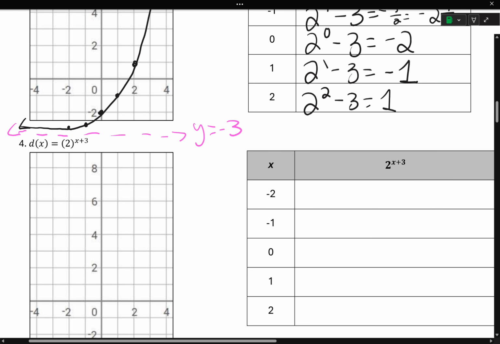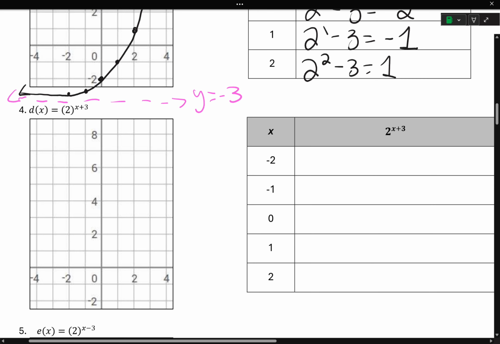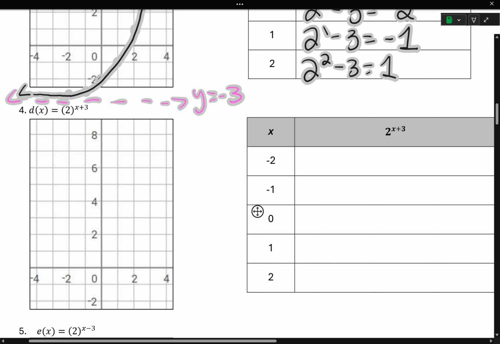All right, number 4. Number 4 is different than number 2. It has that +3 floating, which is what I was trying to avoid in number 2. Let's see how this affects our graph.